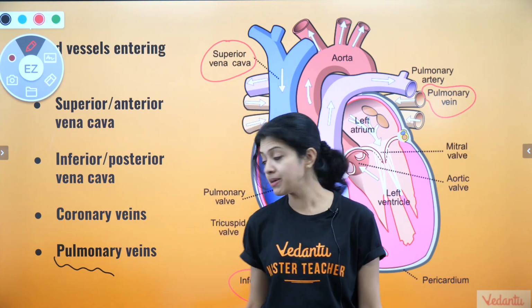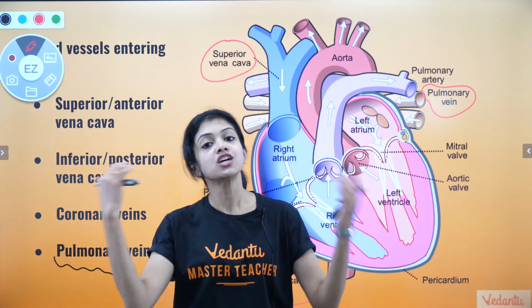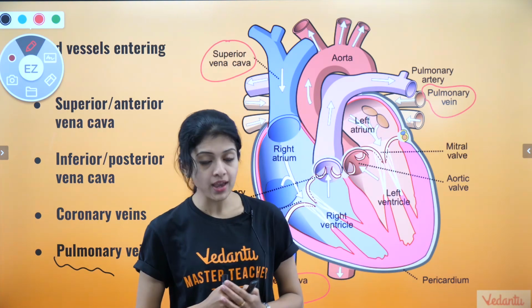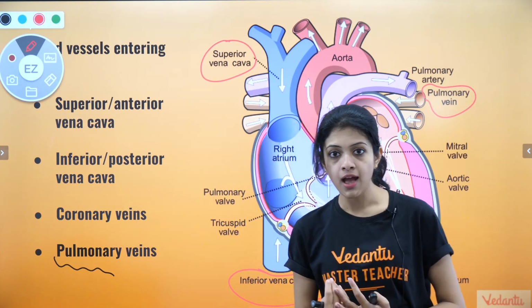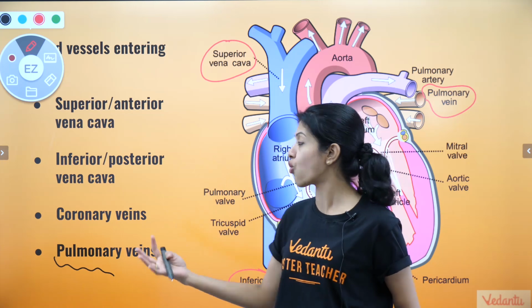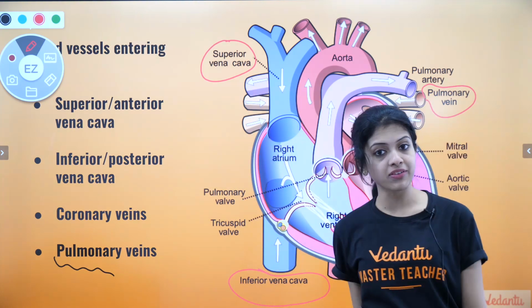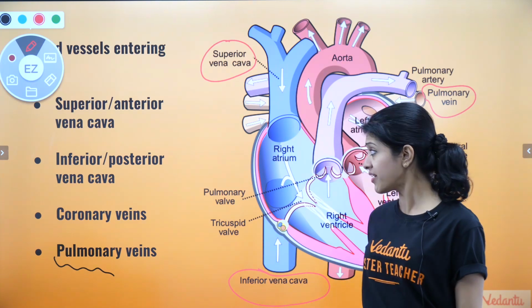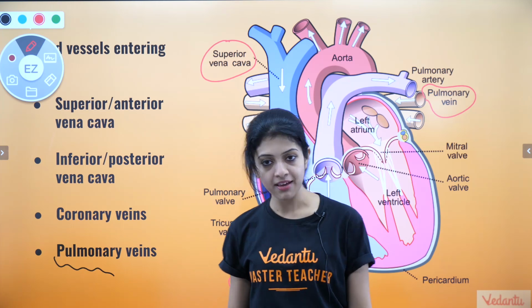Right? So pulmonary veins always carry blood from the lungs to the heart. Okay? So we have seen 4 major blood vessels now which enter the heart. Of course, there are many more, but these are the 4 most important ones. Okay? The superior or the anterior vena cava, the inferior vena cava, the coronary veins, and the pulmonary veins.